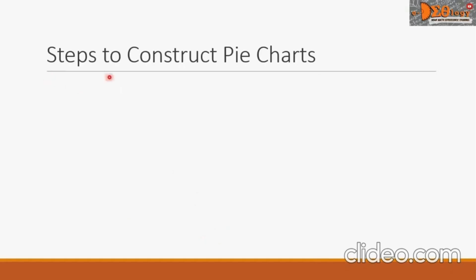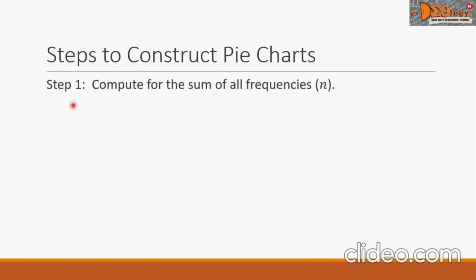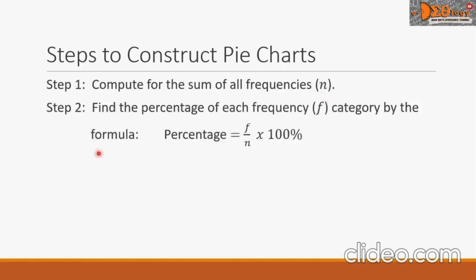These are the steps to construct pie charts. Step 1. Compute for the sum of all frequencies, denoted by n. Step 2. Find the percentage of each frequency, denoted by f, category by the formula percentage equals f over n times 100%.